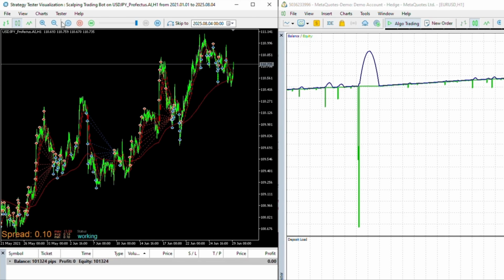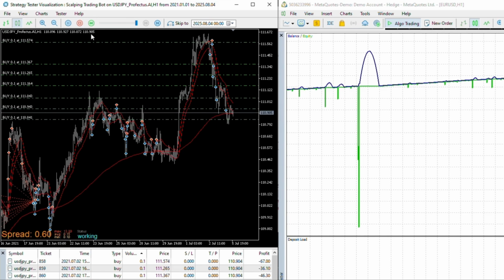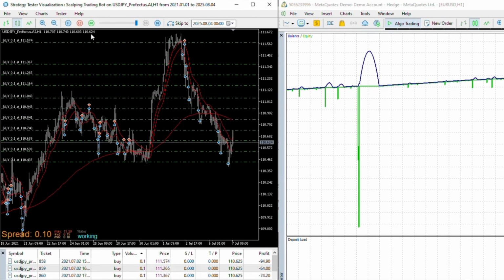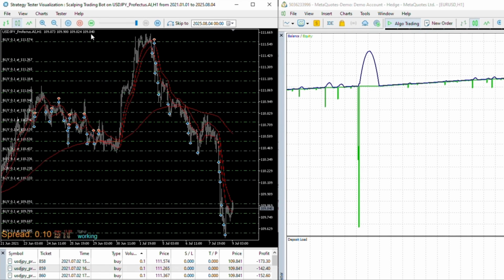That is why we see here, let's quickly pause it, the two red lines on the chart. One is the slow moving exponential average and the other is the faster one. And obviously they are always lagging behind, since price data is going into these indicators. So there's always a delay.